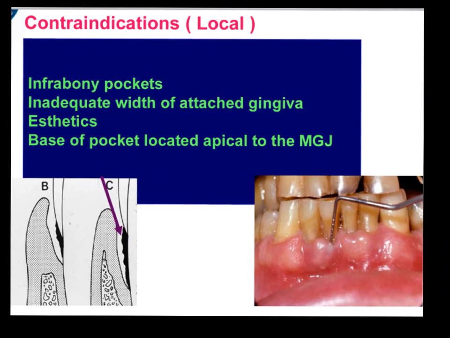The local contraindications include infrabony pocket, as present here, or inadequate width of attached gingiva, because if you excise the attached gingiva, you will end up with a gingiva without keratinized tissue.